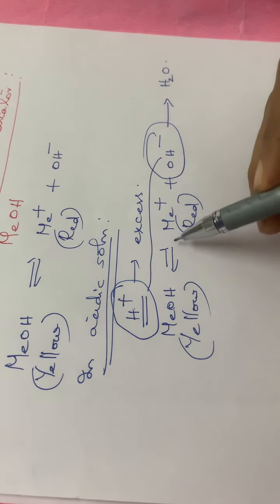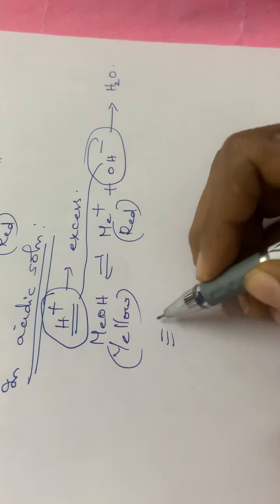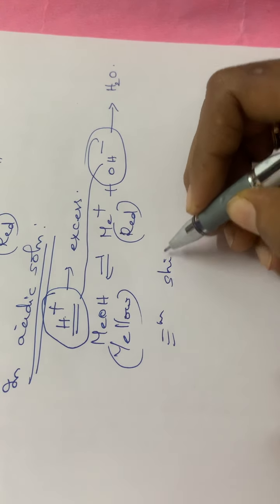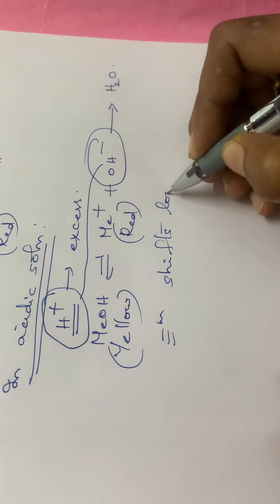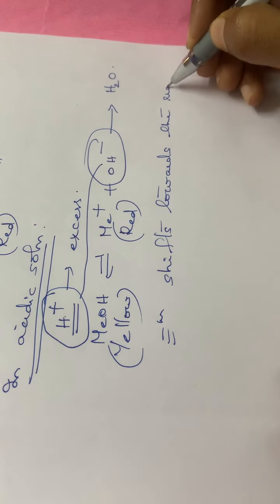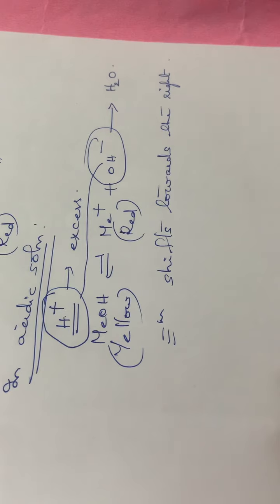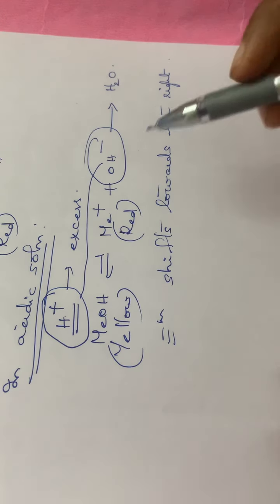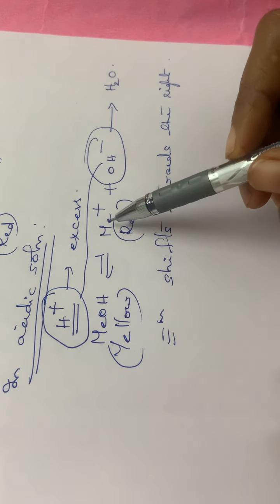So what happens to this equilibrium? The equilibrium will be shifting towards the right to maintain the equilibrium constant. Or more of MeOH will be ionized.